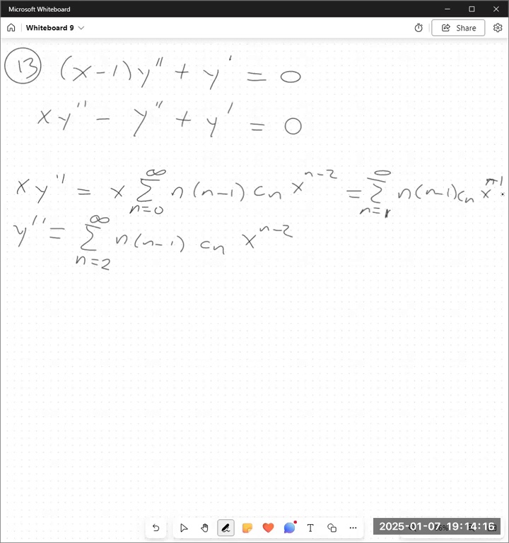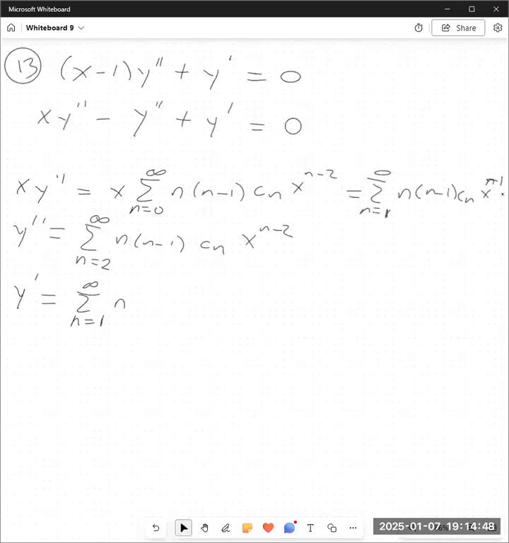And let's see, y prime is going to be the sum from n equals 1 to infinity of n times c_n x to the n minus 1.